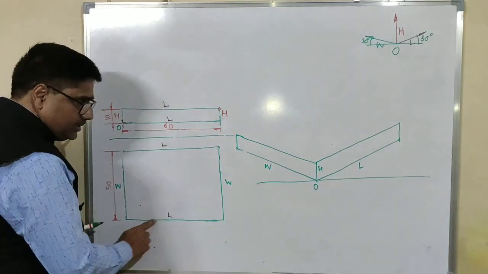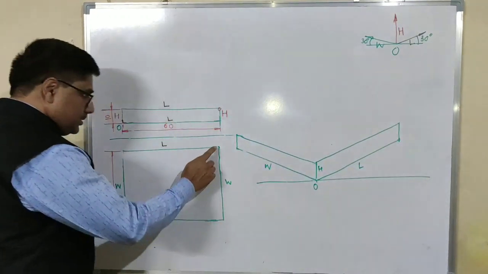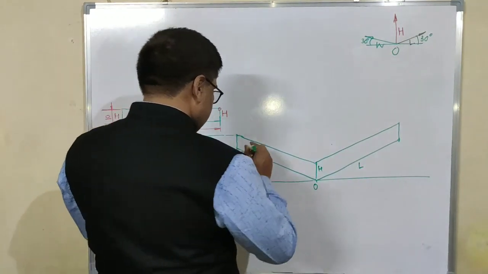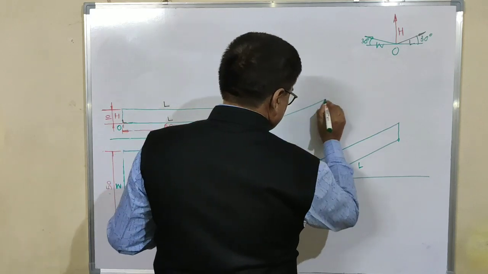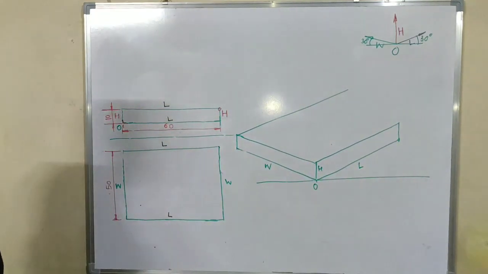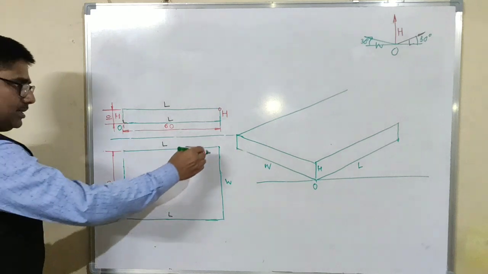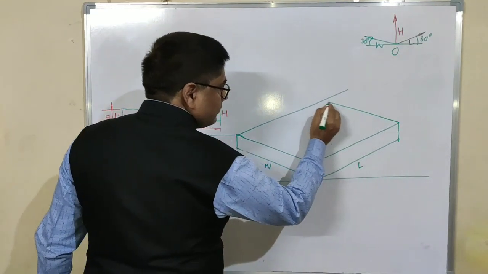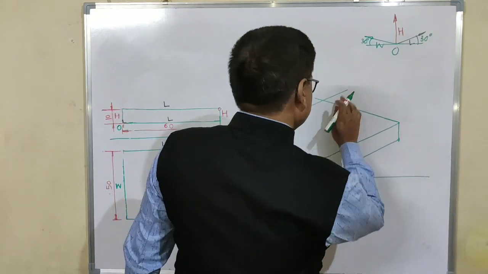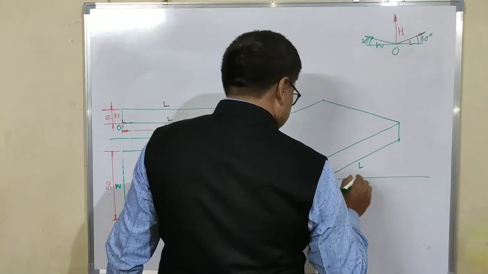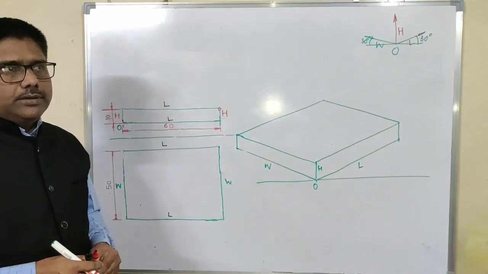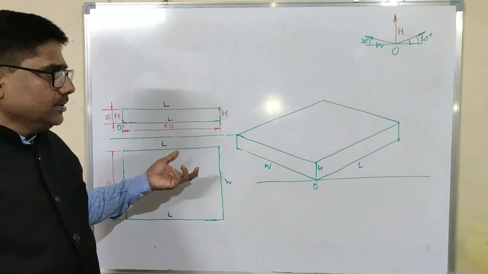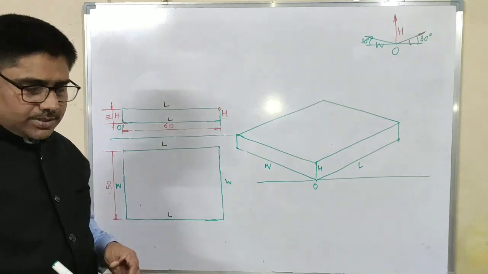See, this line is here. Now let's try to draw this line. To draw this line, I should go parallel to length. Now to draw this line, I should go parallel to width from this point. This completes the object.